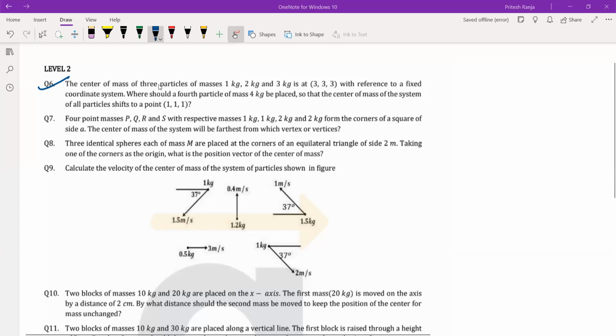The center of mass of three particles is at this one. You have been given the center of mass. ये हमने किया था कल क्विज में. Let's skip this. We will not do it again.